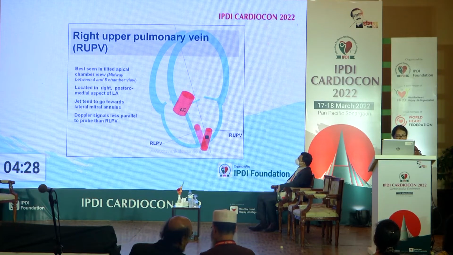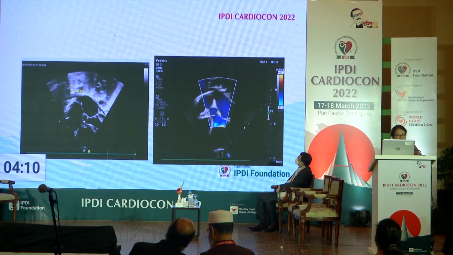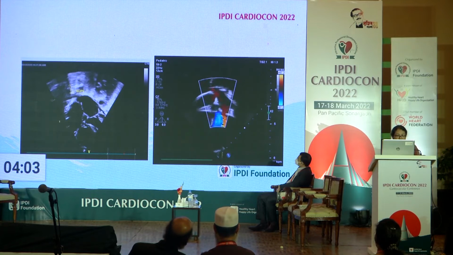This is another picture, midway between the four and five chamber view. When the aortic valve is open, at that point we are also able to see another pulmonary vein draining into the LA, located in the right and posterior middle aspect of the LA, with the jet towards the lateral mitral annulus. In this 2D still frame, we see a pulmonary vein drained obliquely into the LA midway between the apical four and five chamber view when the aortic valve is visible.